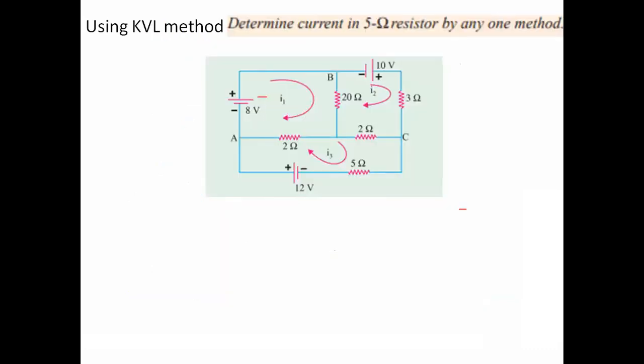After that we have another network. You can try this one and find the current in the 5 ohm resistor.